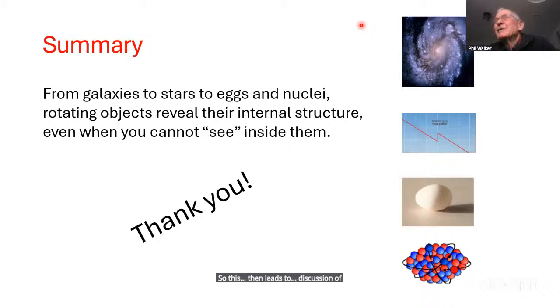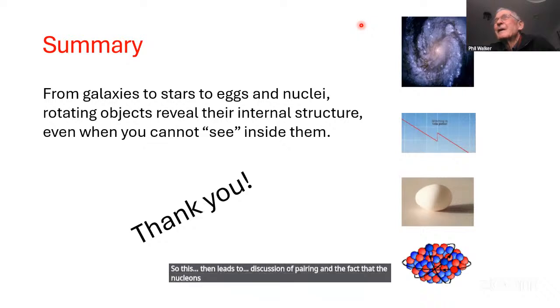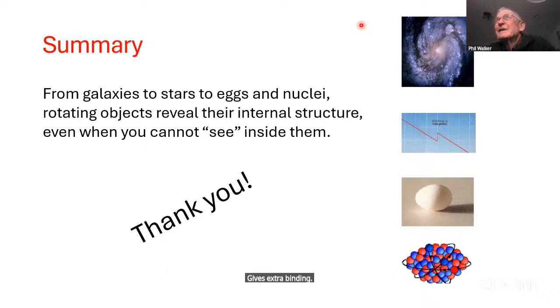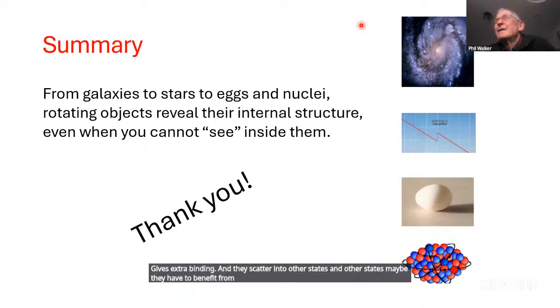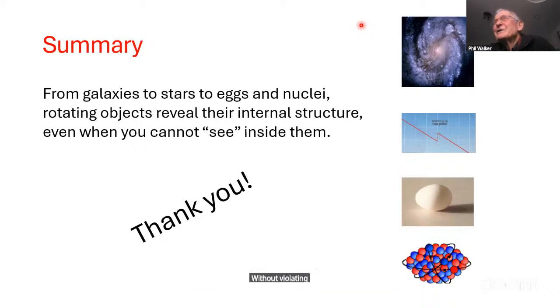The fact that the nucleons come into contact with each other gives extra binding, and they scatter into other states, and maybe they benefit from the uncertainty principle. They can scatter into higher states for a short time without violating conservation of energy. But the states they scatter into, they're still fully paired.